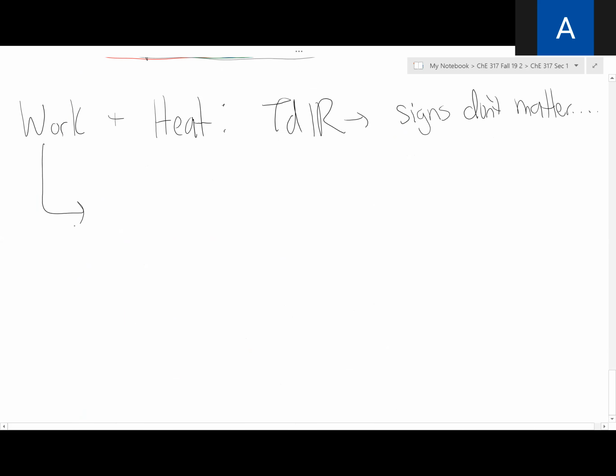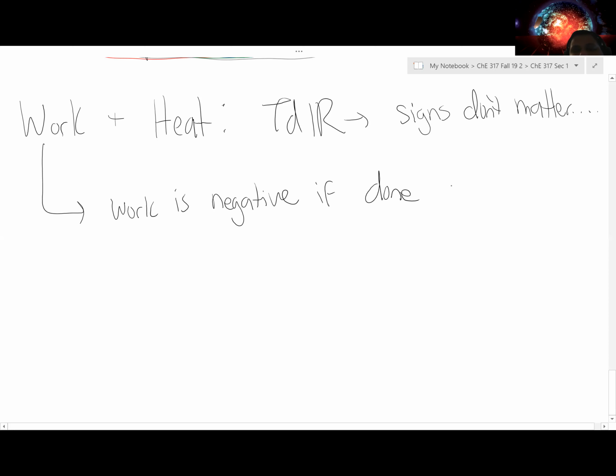What we look at, especially when it comes to work and heat, is convention. And what I mean by that is in these expressions and in the energy balance, work is going to be negative if it's done on the system.